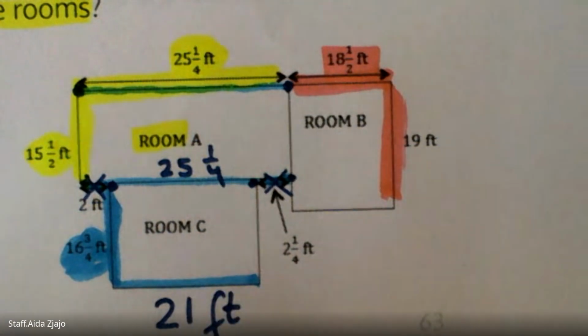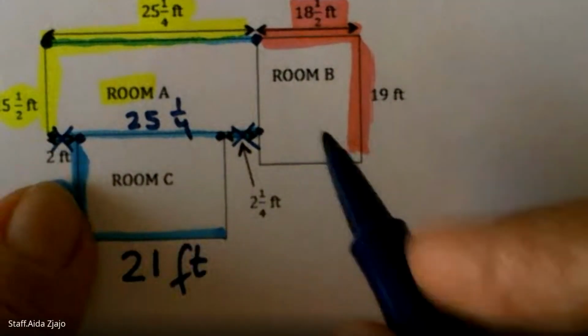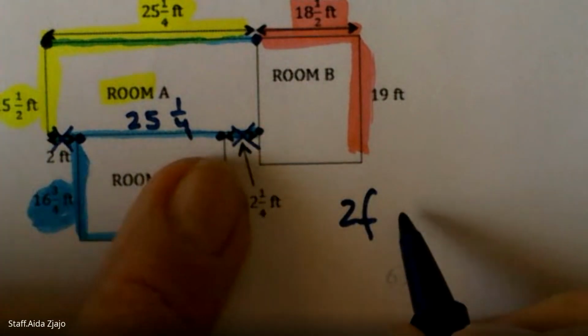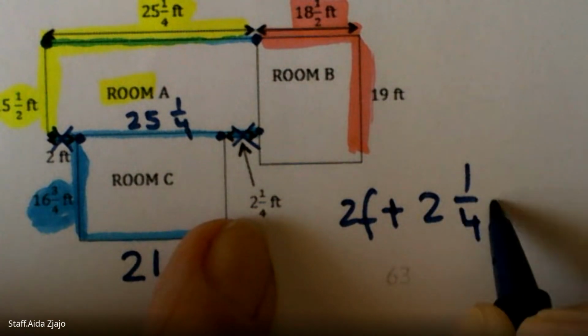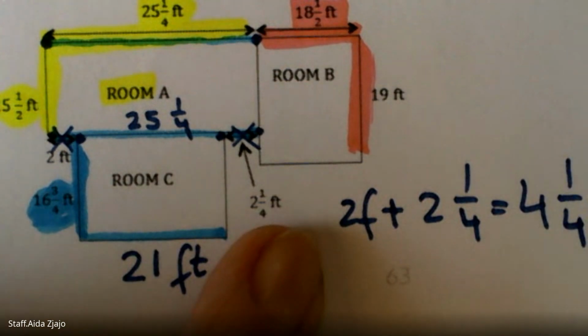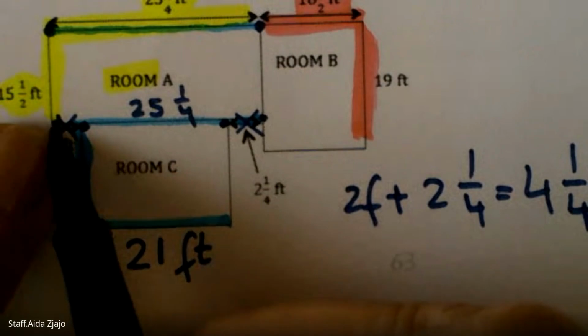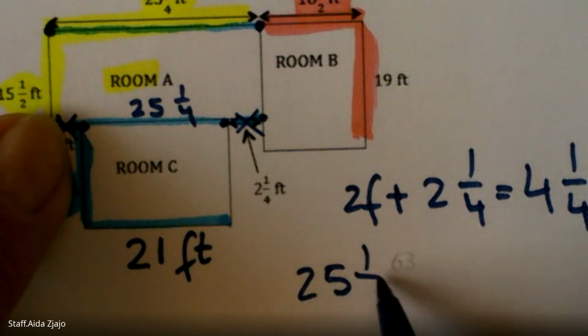Okay, so if you cannot see that, I can show you. So this is 2 feet plus this is 2 1/4. So altogether is 4 1/4 feet. But then from here to here is 25 1/4.